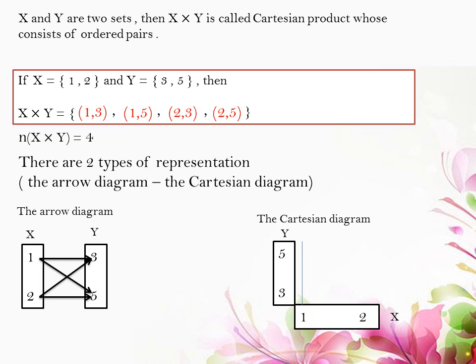From 1 we will draw a line, and 2, and a horizontal line from 3 and 5. The intersections between them will be the elements of the Cartesian product. Here intersection, here intersection, here intersection, and here: (1, 3), (1, 5), (2, 3), (2, 5).